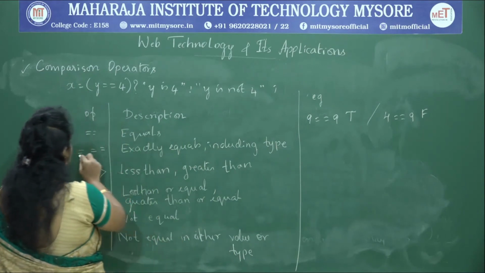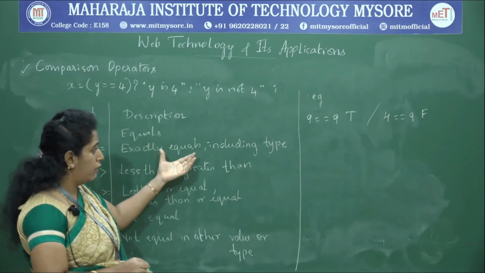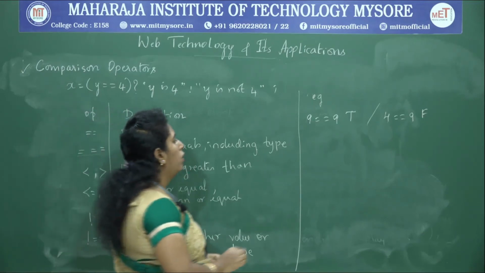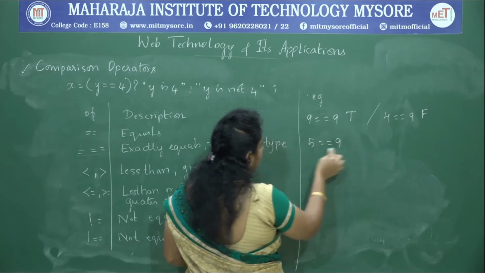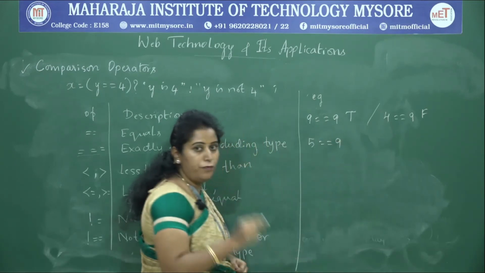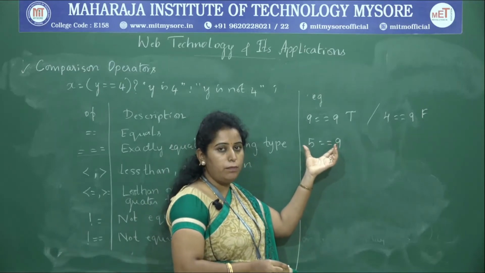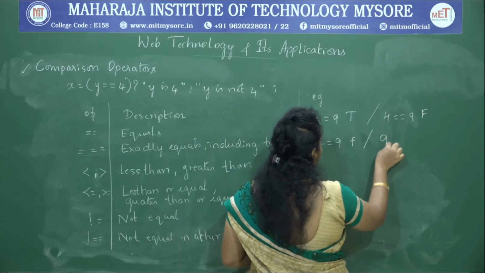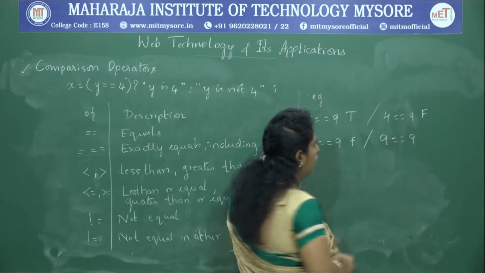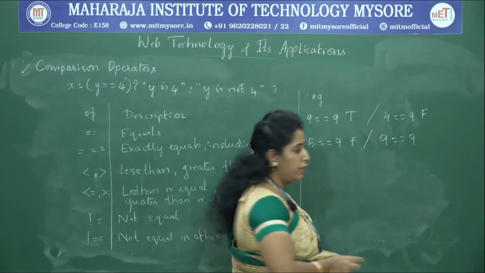Next is this operator which checks for exactly equals including type. For example, 5 is equal to 9. The type of data is same, but the value is same? No. So it is false. And I am going to take it this way: value is also same and type of data is also same.